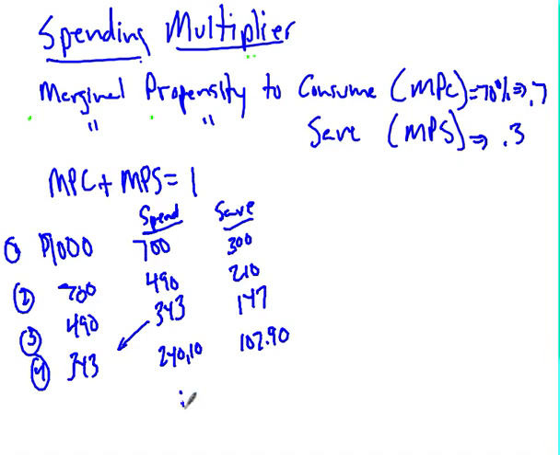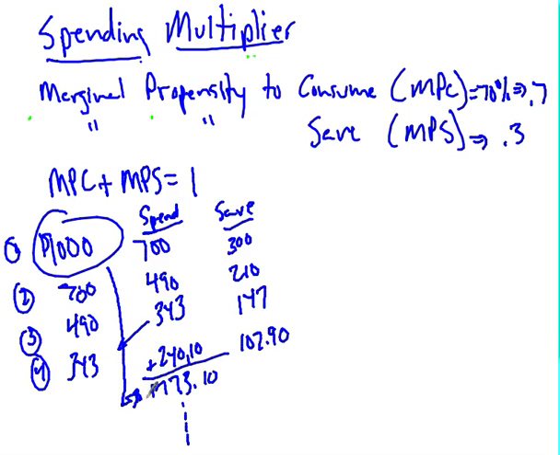And so we could go on and on, taking 70% all the way down, and it would take a long time. But if we just add these up, this comes out to $1,773.10. So from this initial $1,000 increase or injection, whether it be from the government or from a business that's investing their money in capital, this original 1,000 so far has turned into over $1,700.